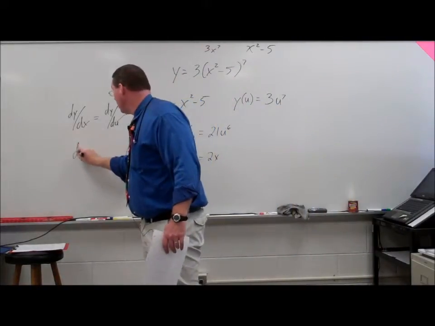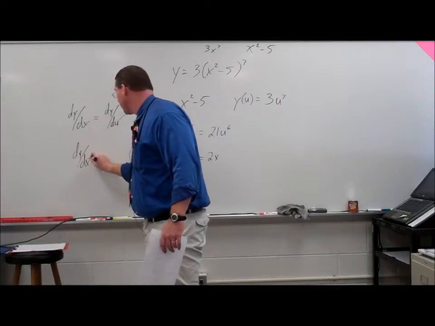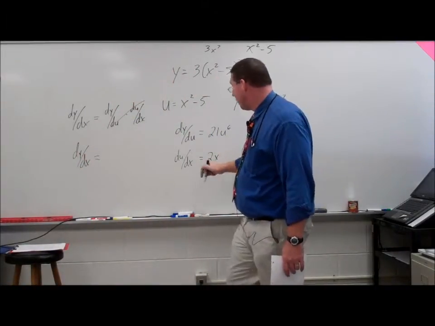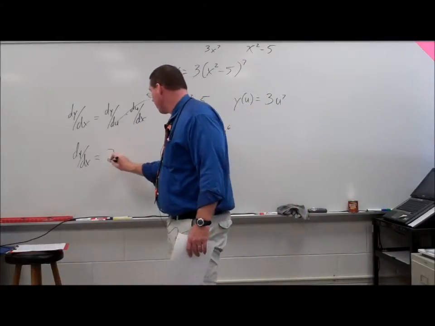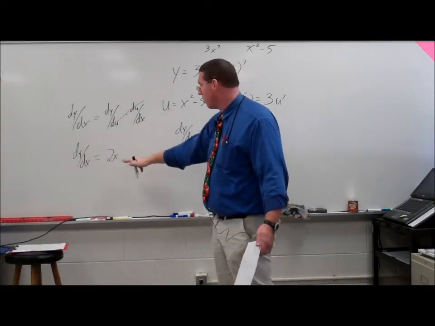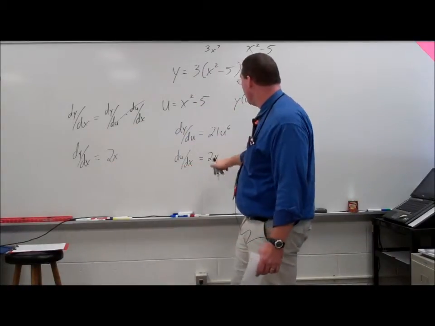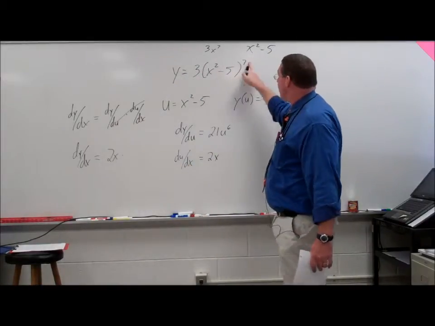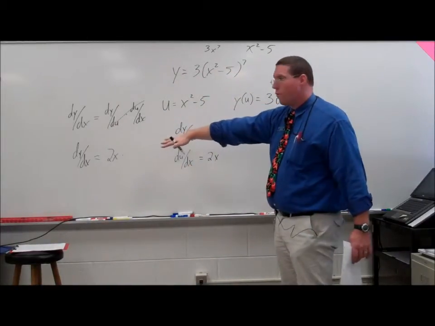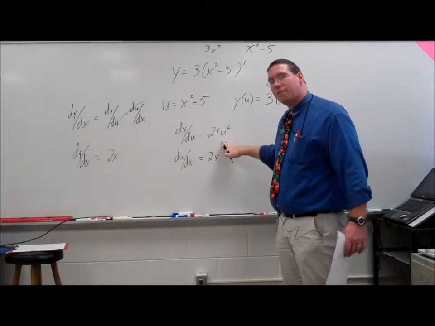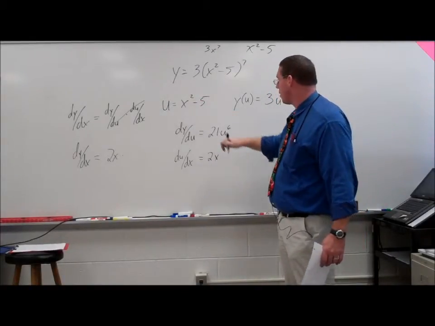So dy dx is equal to the derivative of the inside function, 2x. It doesn't matter which order you put them in, it's commutative. So the derivative of the inside function times the derivative of the outside function, but before I write it over here, I'm going to substitute back in for the u, I'm going to put the x squared minus 5 back.